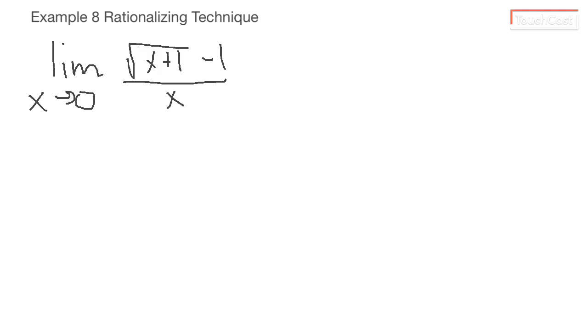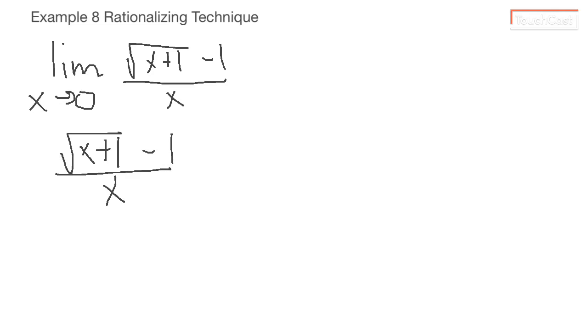So with the rationalizing technique, what we're going to do is take our function, the square root of x plus 1 minus 1 all over x, and multiply it by a factor of 1. To do the rationalizing technique, we're going to multiply the numerator and the denominator by the conjugate.